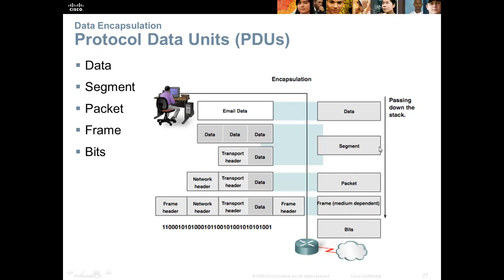We then take that segment and add some network information at the network layer to form a packet. We then take the packet and add some data link information to form a frame. And then the frame gets broken up into our bits, our 1s and 0s, at the physical layer. So depending on which layer of the OSI model we are on, we may be working with a different form of the data. And we'll talk about each form of the data throughout this class and the semester.